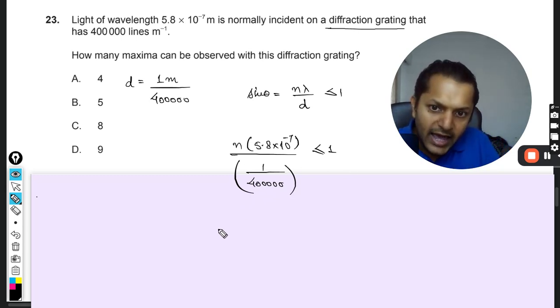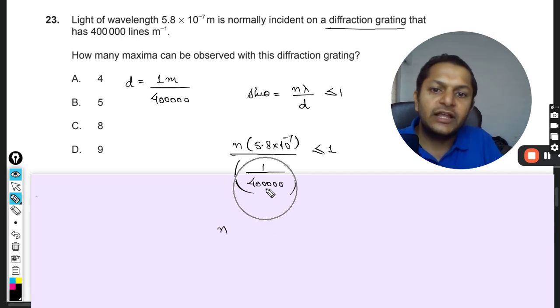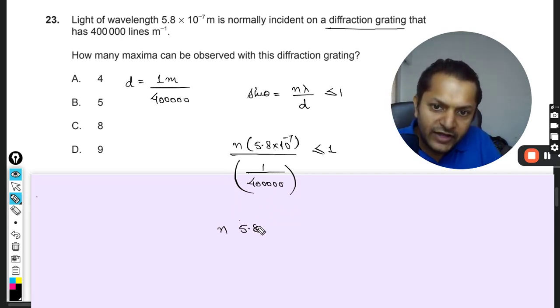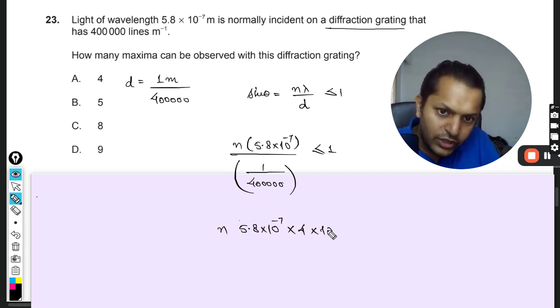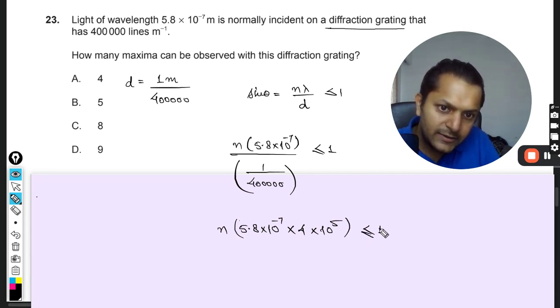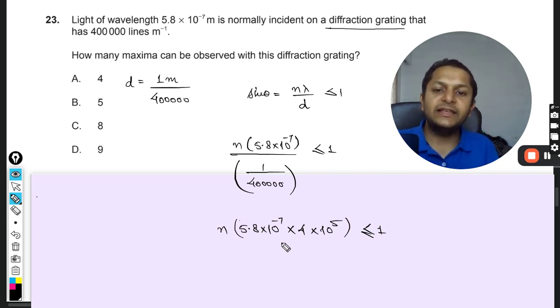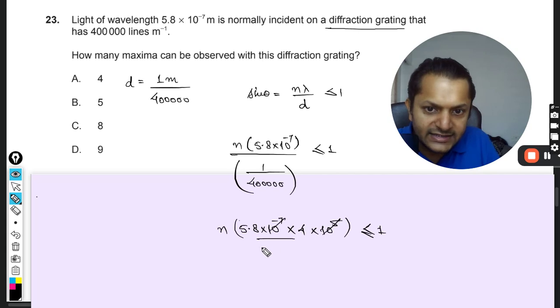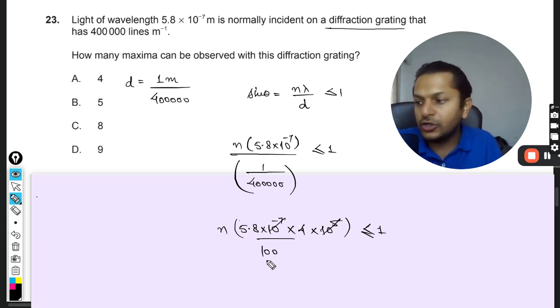So n, now this fraction, we are just going to create a reciprocal there. So it will become 5.8 × 10 raised to the power negative 7 into 4 × 10 raised to the power 5, less than or equal to 1. And we have to find the value here. So this value gets cancelled out, and you are still having 100 in the denominator.